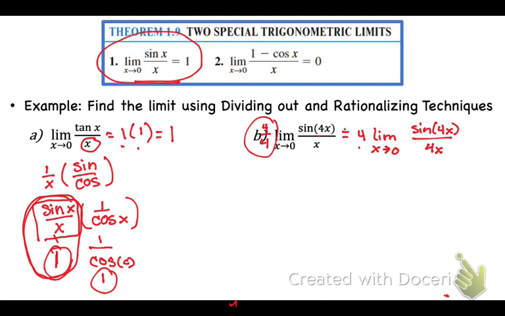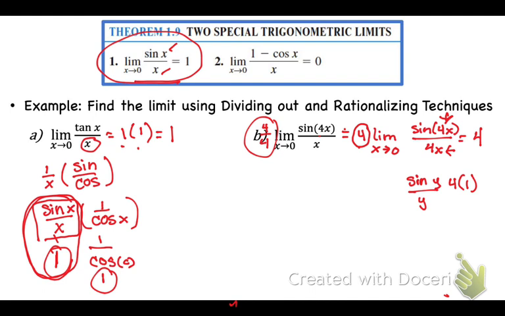Now, in our brain, we can think of it as sine of y over y. If they're the same, the rule applies. So we have a 4 times 1. So the answer is 4.